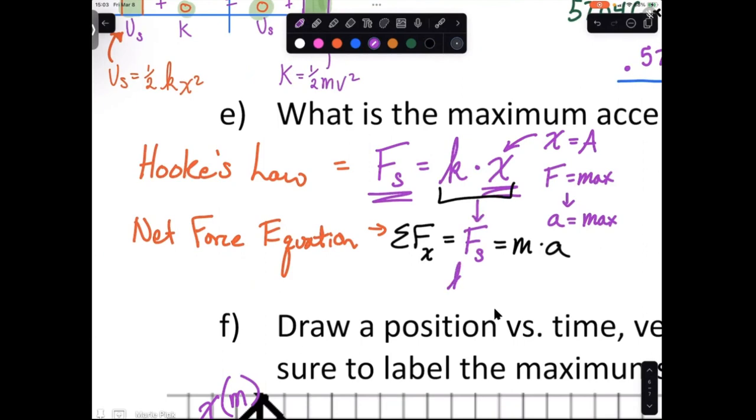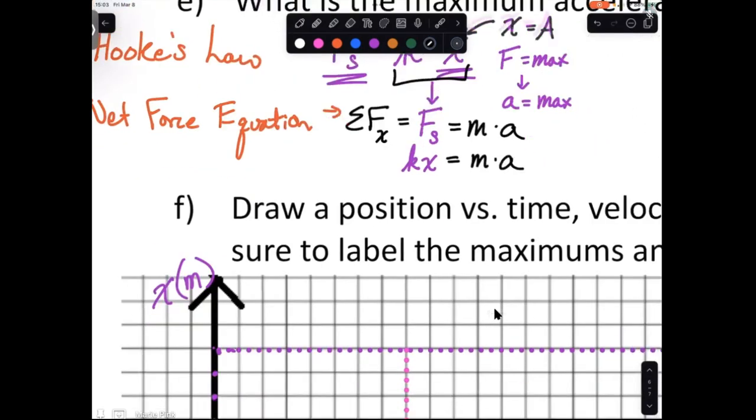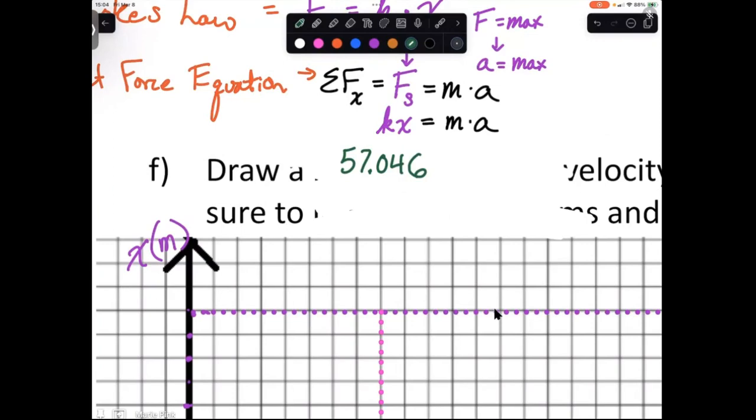So that's kx is equal to my mass times the acceleration. So our k was 57.046. Our x was 0.1. Our mass is 0.5. And so we get an acceleration of 11.409 meters per second squared. All right, so then we just need to graph it.